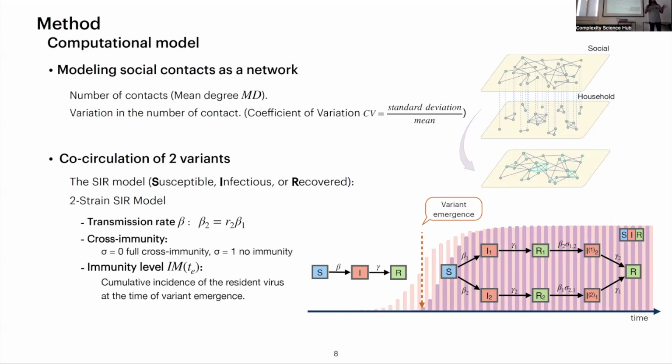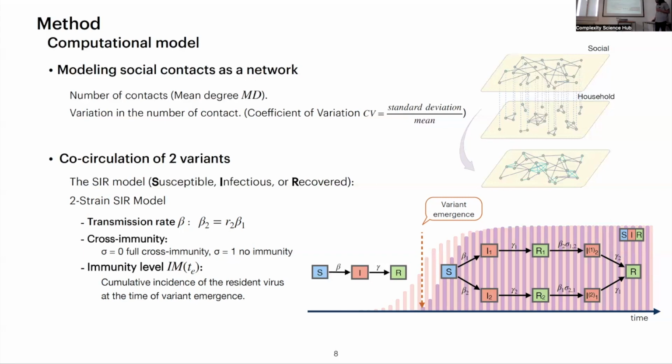If you get infected by one, you can easily get infected by the other. Well, the main important parameter here is the immunity level that I tagged. This is the cumulative incidence when we introduce the second variant. We call it immunity level at the time of emergence, or simply immunity level.